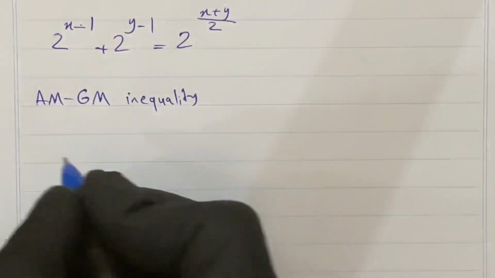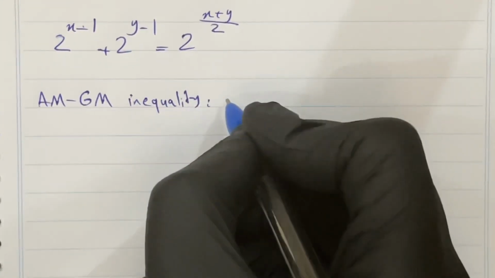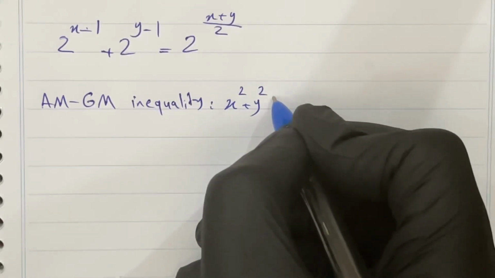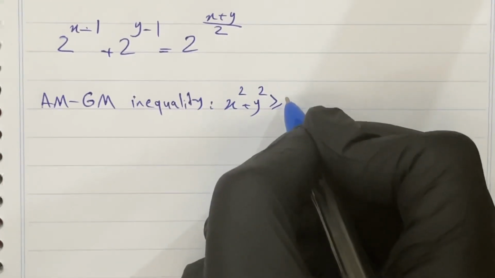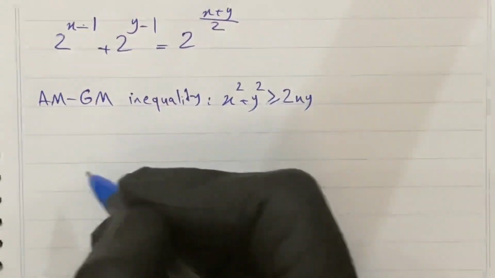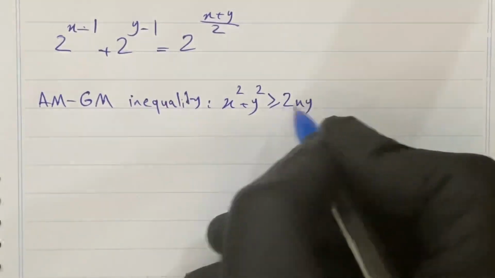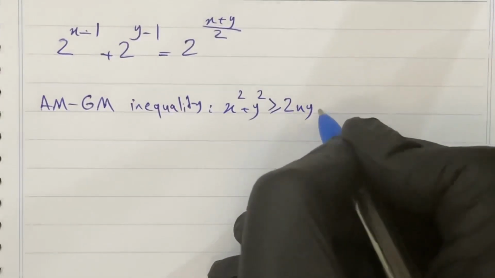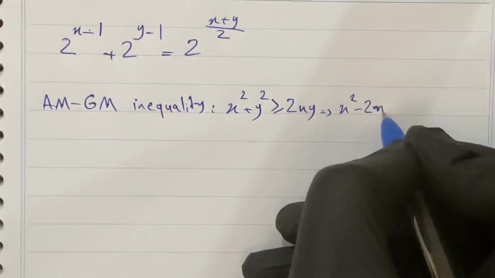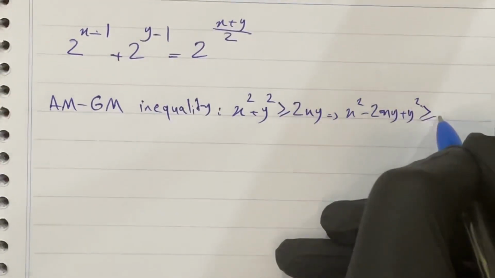Let me write something easy to start with. That is x to the power of 2 plus y to the power of 2 is bigger or equal than 2xy. To prove that this inequality is true, just subtract 2xy from both sides, and we'll get x squared minus 2xy plus y squared bigger or equal than 0.